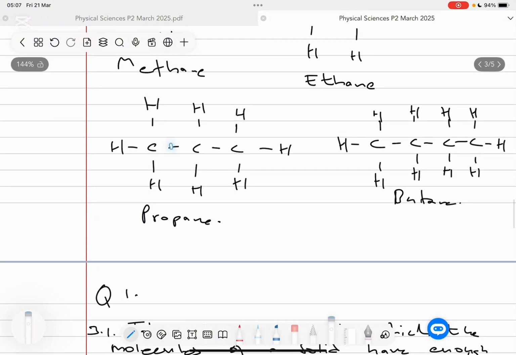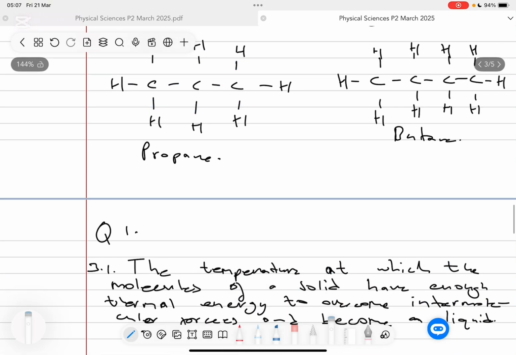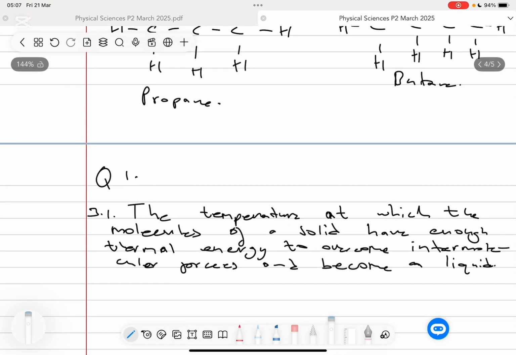That means it overcomes the forces between the molecules, and when it weakens those bonds, the substance will start moving from a solid to a liquid phase. It melts, actually it becomes molten.